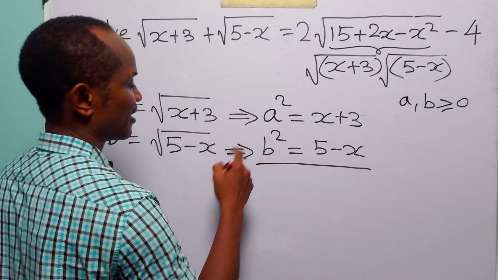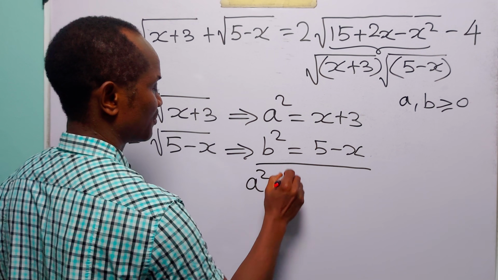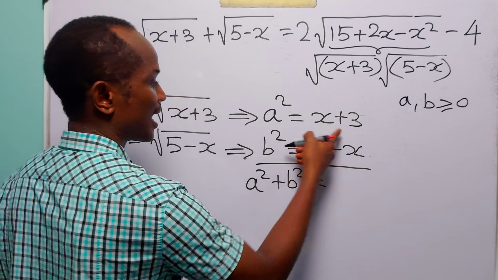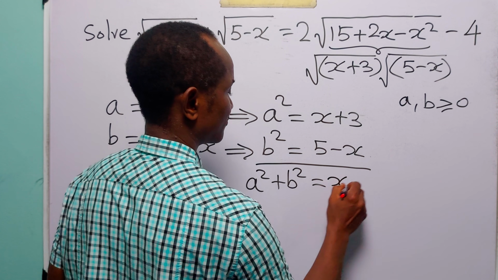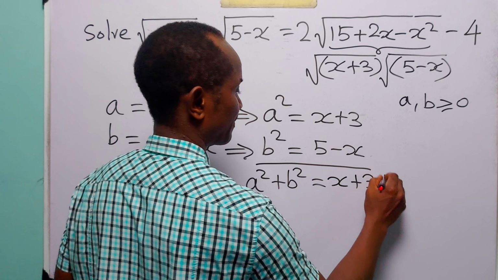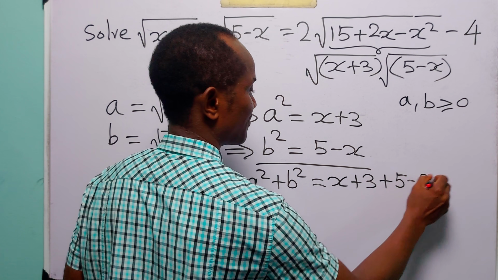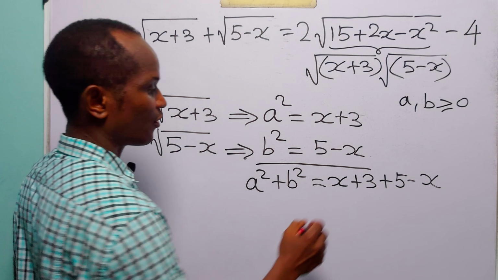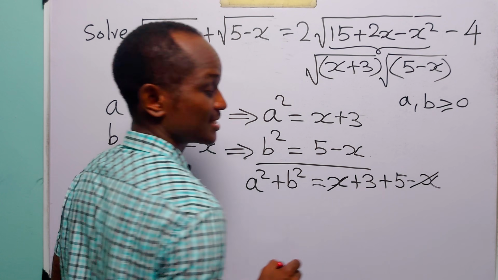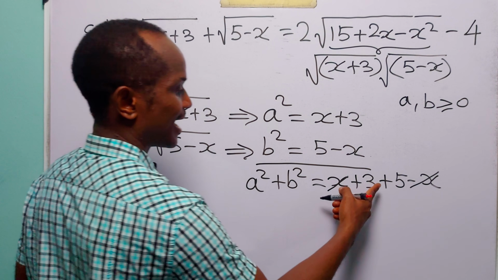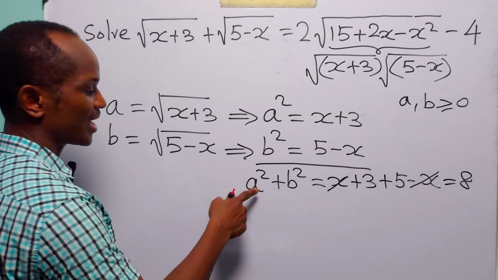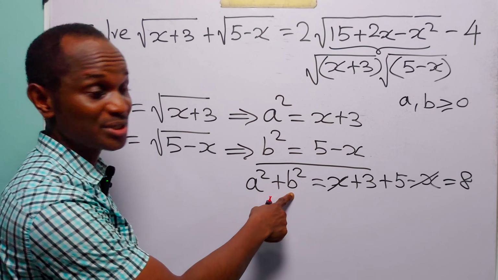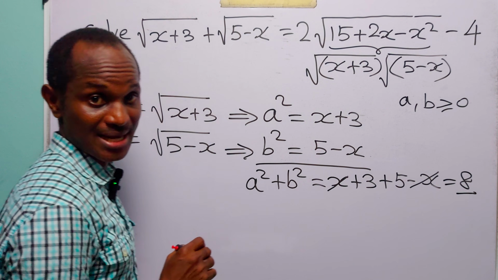On the left-hand side, we have a squared plus b squared, and on the right hand side we have x plus 3 plus 5 minus x. Of course, x minus x is going to give us 0, and 3 plus 5 is going to give us 8. So we have that a squared plus b squared is equal to 8.